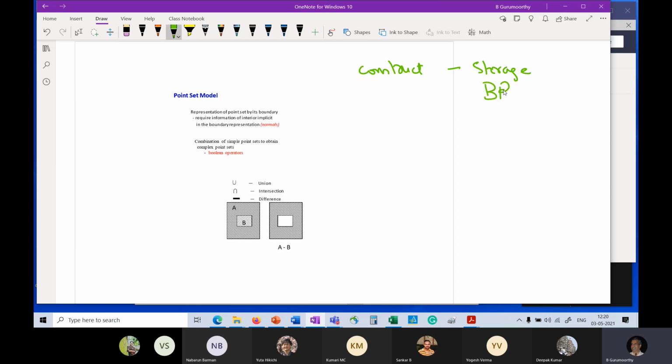So storage, we have decided that we're going to store it as a boundary representation. That's going to be my representation. But how do we construct it? I don't want to construct the boundary representation directly. I want to construct or define whichever way is convenient to me, and I would expect the system to then extract or construct this boundary representation.